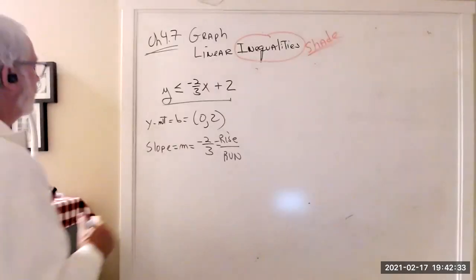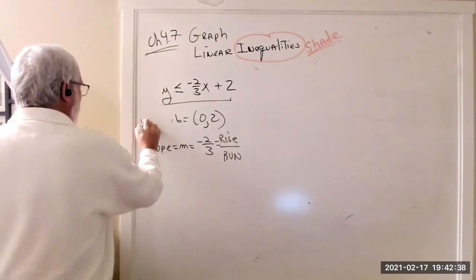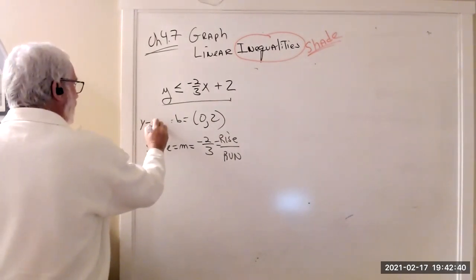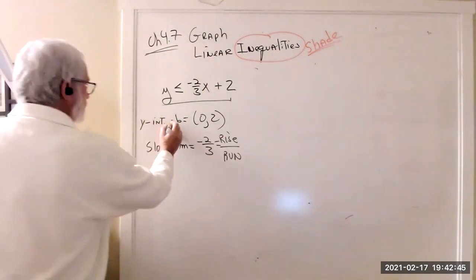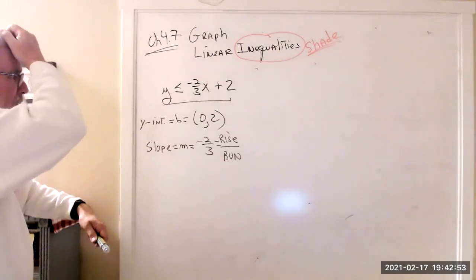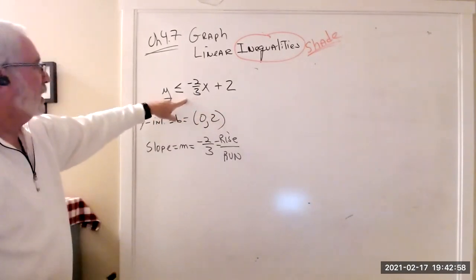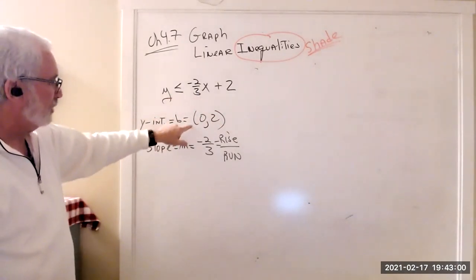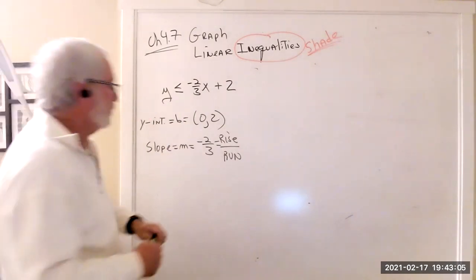That says y hyphen int, short for y-intercept. That was just my bad handwriting. Looking at this equation, I recognize it's in slope intercept form, so I can pull this information out instantly.